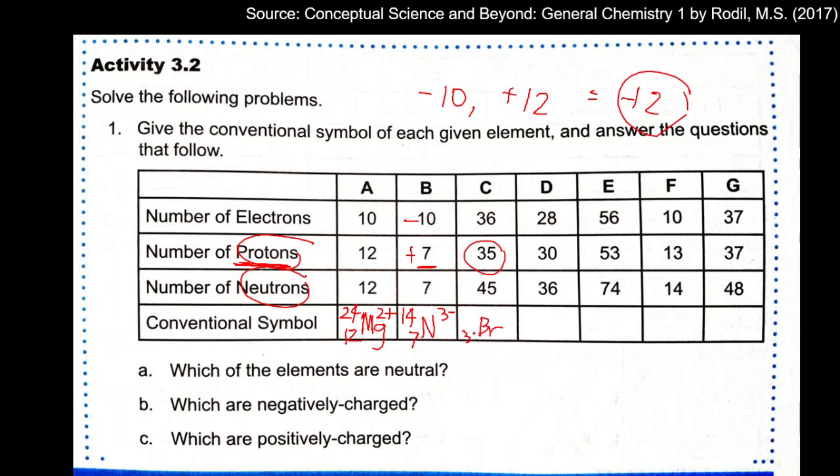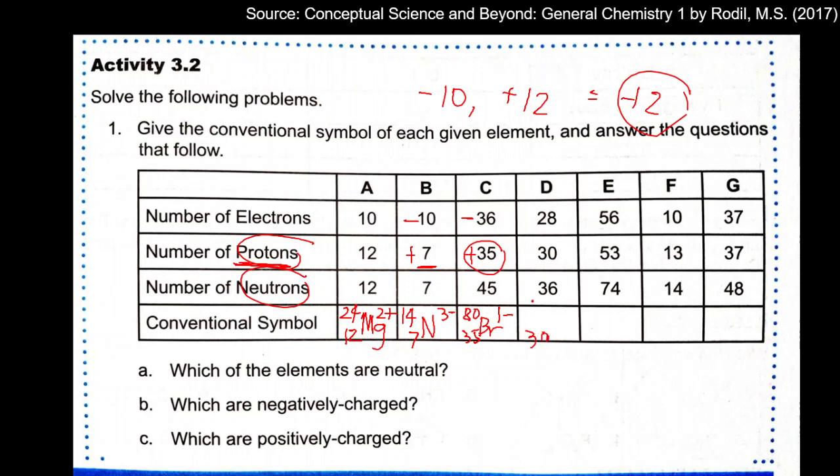The mass is 80, 35 plus 45. And the charge is, we have negative 36 and positive 35. That's a negative 1 charge.